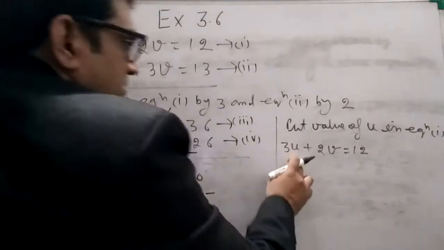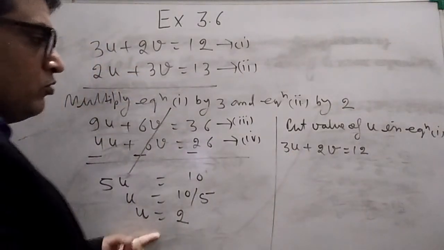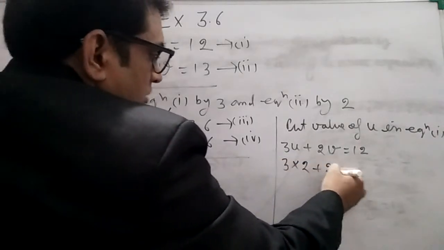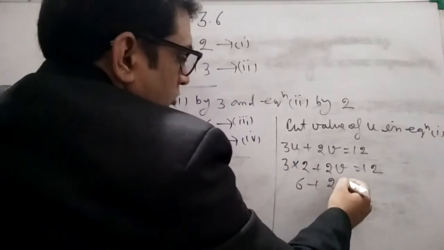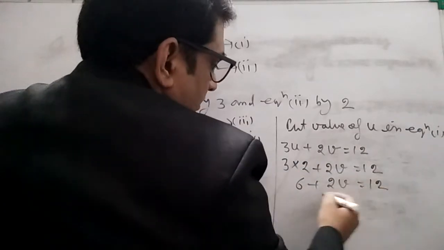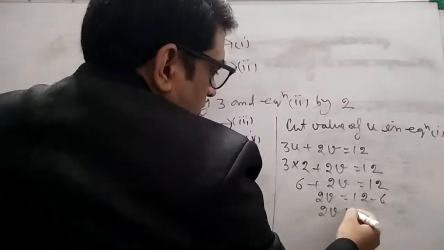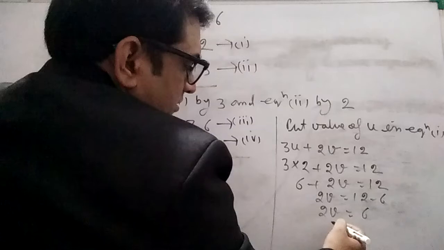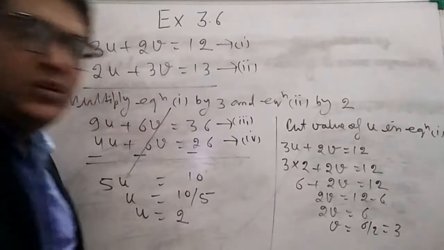We will put the value of u, which is 2. 3 into 2 plus 2v equal to 12. 3 twos are 6 and 2v equal to 12. Therefore 2v equal to 12 minus 6. 12 minus 6 is 6. Therefore v equal to 6 by 2 equal to 3.